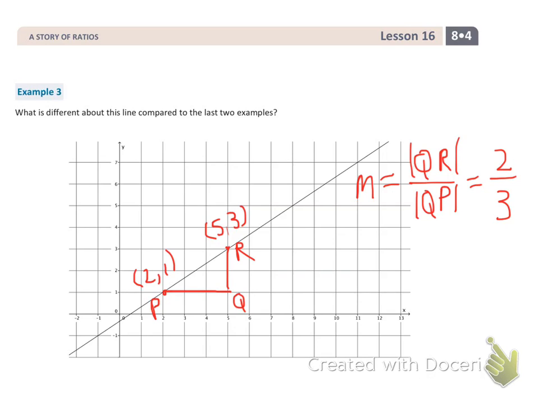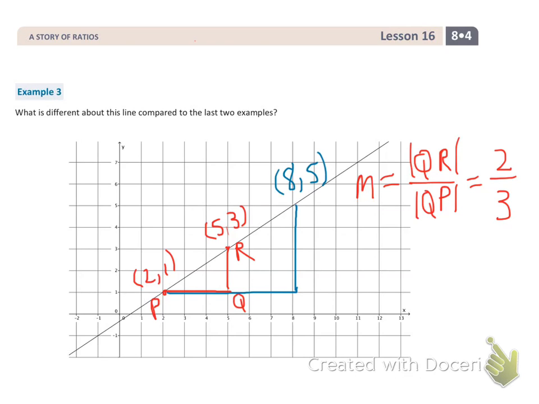Okay, but maybe somebody else chose a different set of points, so let's see what that would look like. Let's pick a different color for the next one. I could have done from here all the way up to that point, which is the point 8, 5.